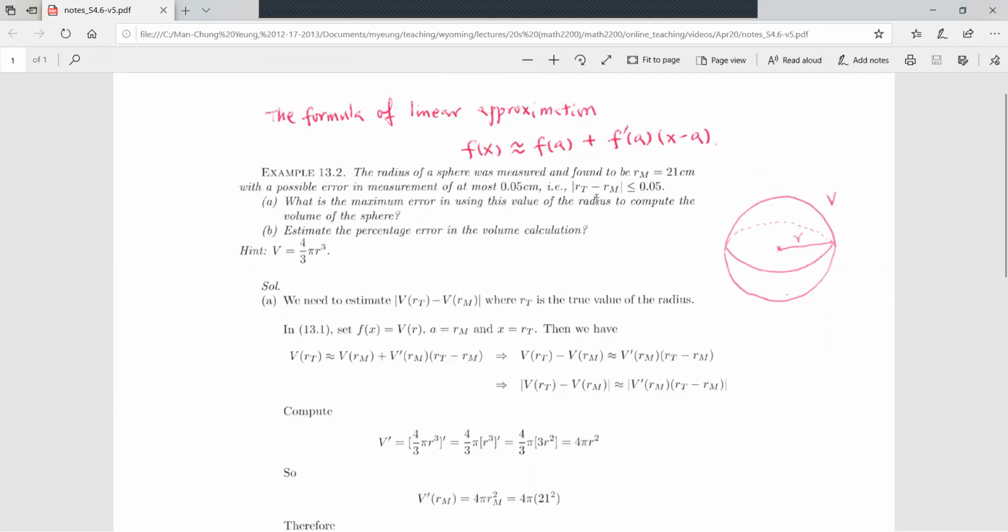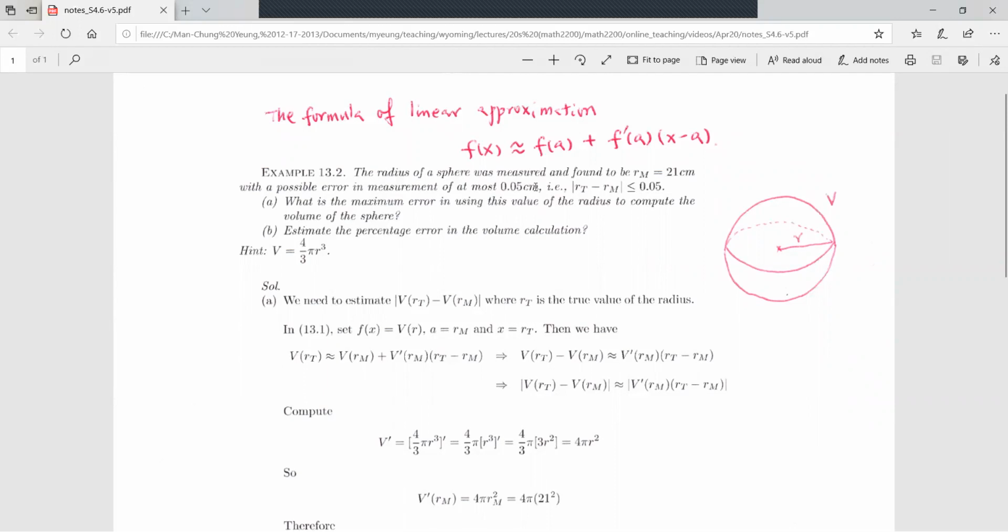By RT, I mean the true value of the radius. Usually, we don't know the true value of the radius. The difference between the true value of the radius and the measured value of the radius in absolute value is not greater than 0.05. This is what this sentence means.